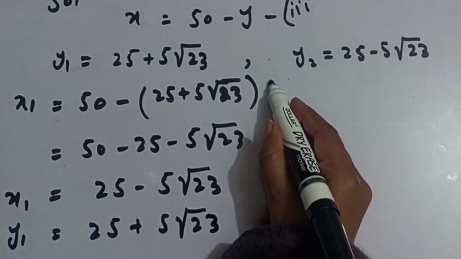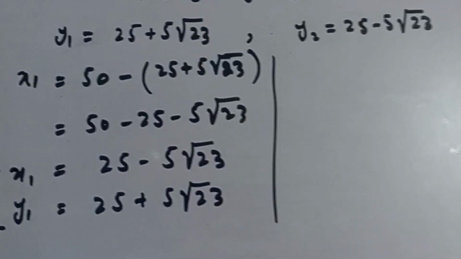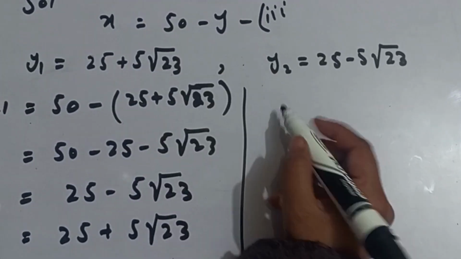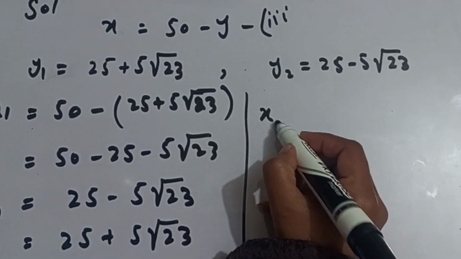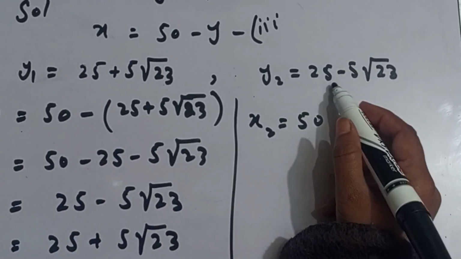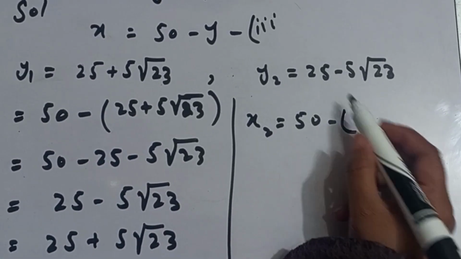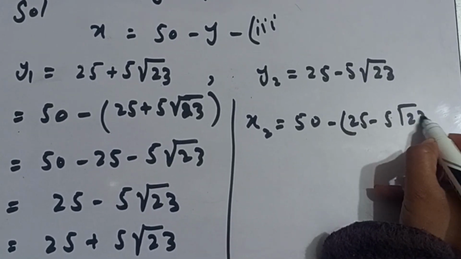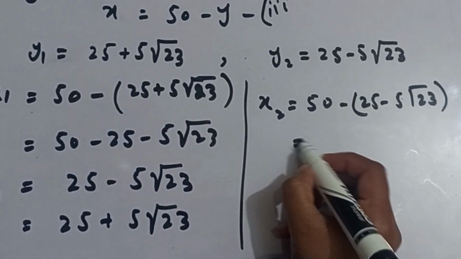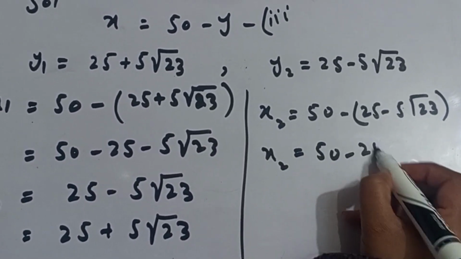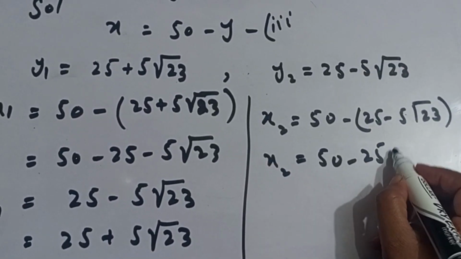Now we find the value of x2. For this we use this value of y2. So in our equation 3, x2 is equal to 50 minus y, and y is this one, 25 minus 5 times square root 23. So x2 is equal to 50 minus 25, and negative negative will become a positive.